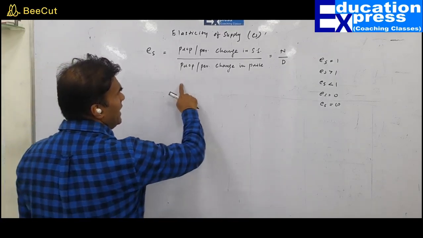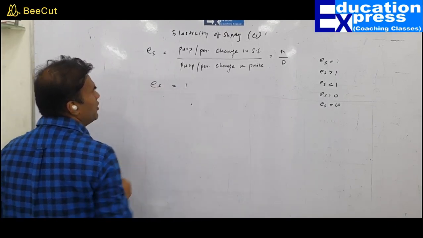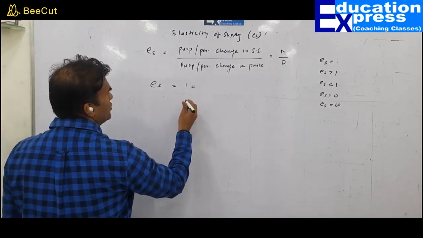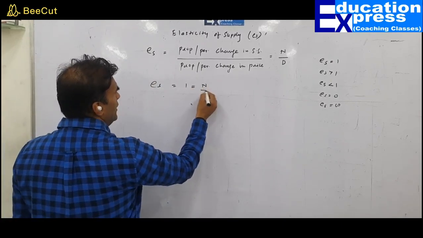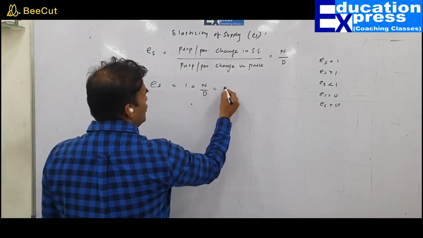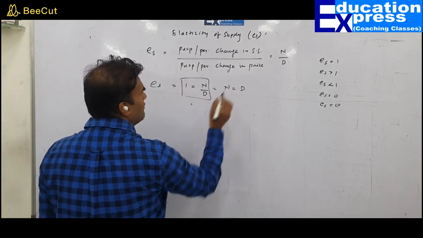Let us consider elasticity of supply equal to 1. If elasticity of supply is equal to 1, then numerator upon denominator should be equal to 1. That means numerator and denominator would be equal.